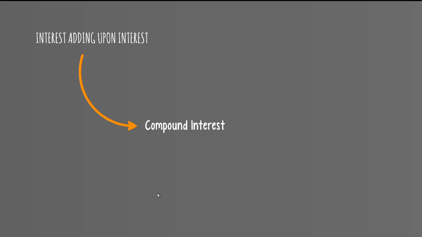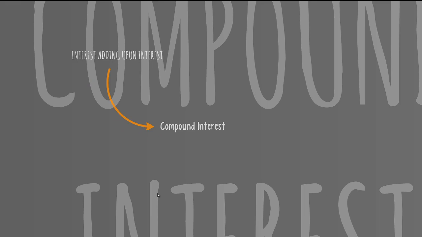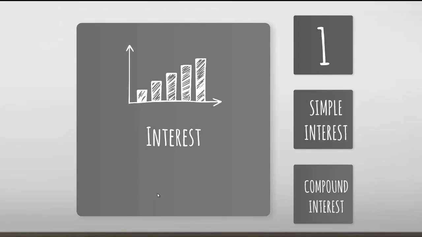Likewise, when many different interests are coming together, it is like a compound. So that is why it is called compound interest. Okay, so in the next video we will see how to calculate compound interest, and we'll solve a problem on compound interest.